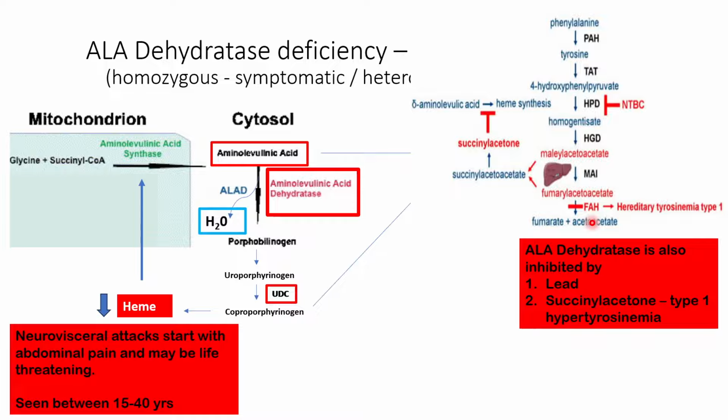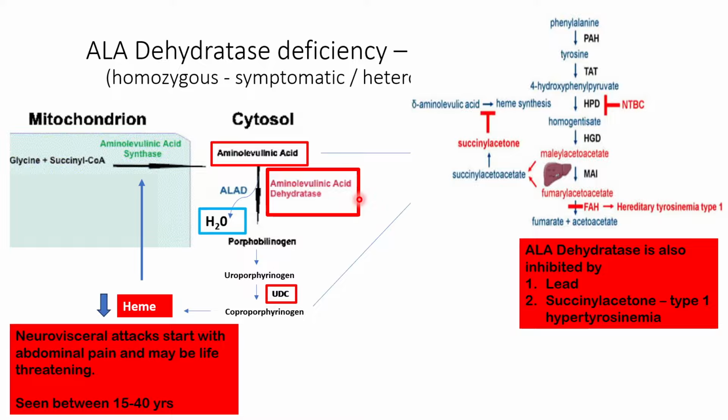Here you have a defect in fumarylacetoacetate hydrolase. When this hydrolase is defective, fumarylacetoacetate is not broken down into fumarate and acetoacetate and leads to accumulation of fumarylacetoacetate and its isomer, maleylacetoacetate. Both of these form succinylacetoacetate, which is converted to succinylacetone. This succinylacetone inhibits ALA dehydratase.